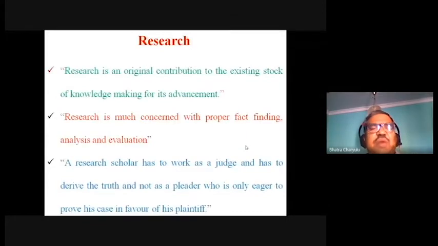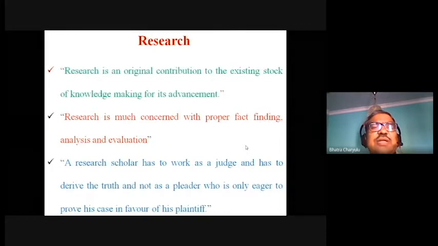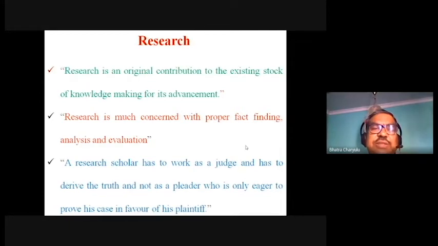Generally, there are many quotations on research. Research is an original contribution to the existing stock of knowledge, making for its advancement. So we already have some knowledge, or some theory or method is developed, and now we are making our contribution to the existing one.